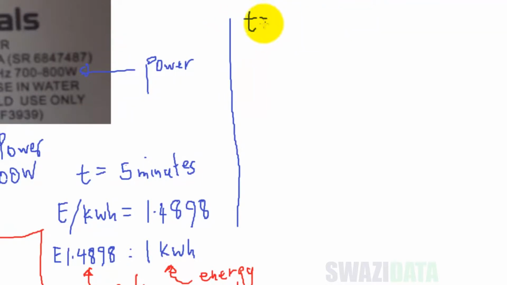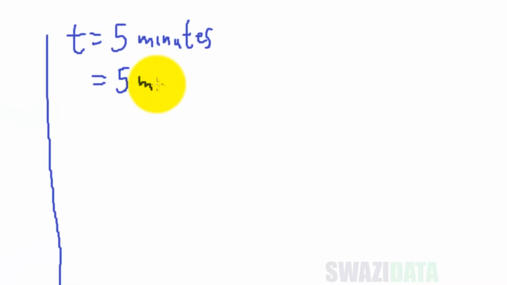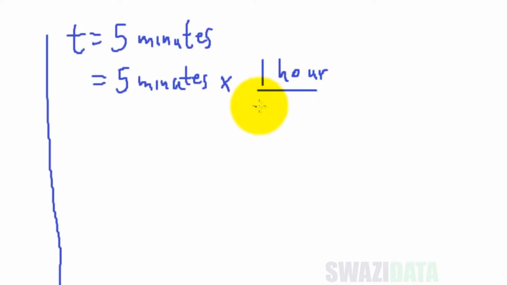Starting with the time, which is 5 minutes, in hours: 5 minutes multiplied by 1 hour, where 1 hour equals 60 minutes.